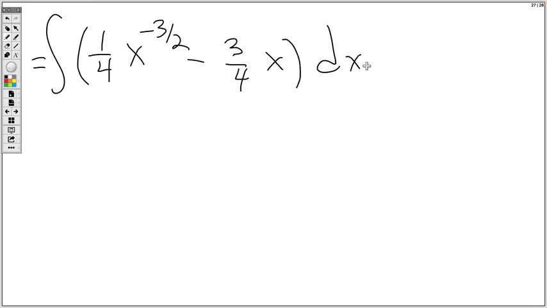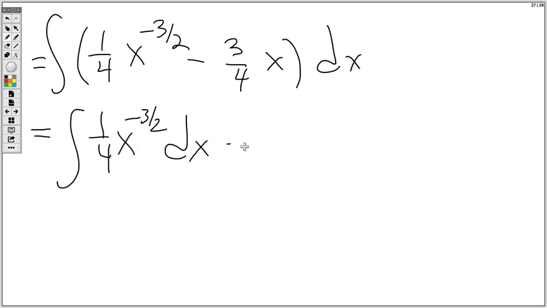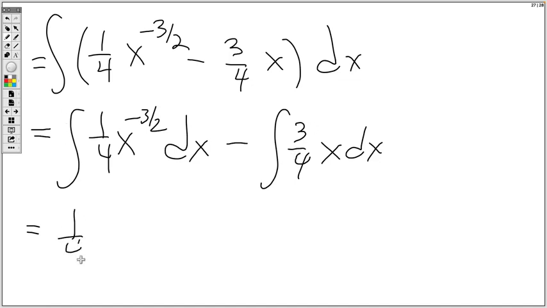Simplify using exponent properties. Now I can use what property here? Sum and difference. What can I do with the 1/4 and the 3/4? Factor them out. Constant multiple rule.